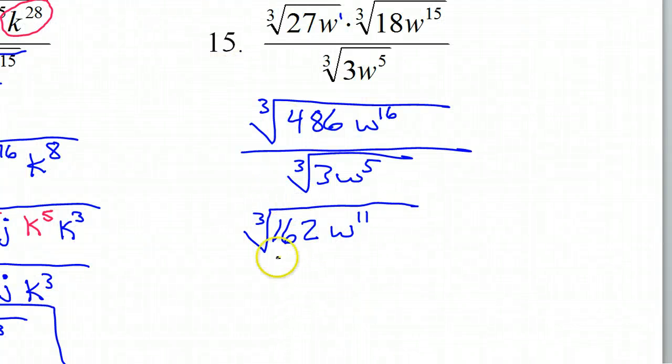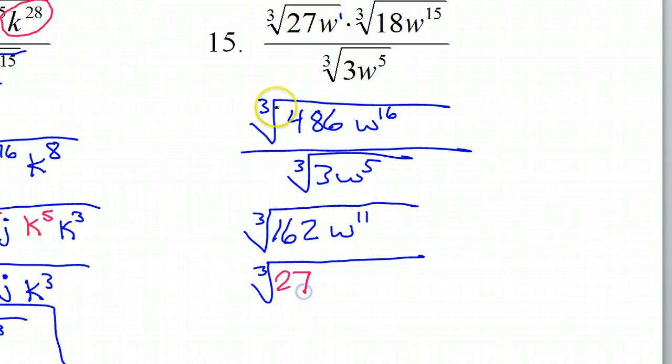So I can rewrite this as the cube root of 27 times 6. 11 is not divisible by 3, so I will write this as w to the 9th power, the closest thing that is divisible by 3.